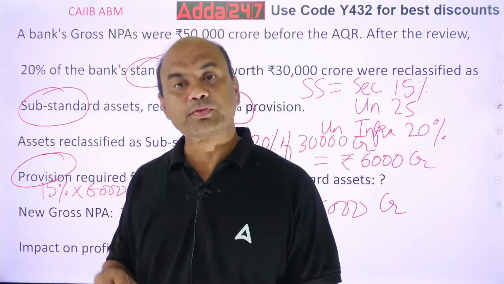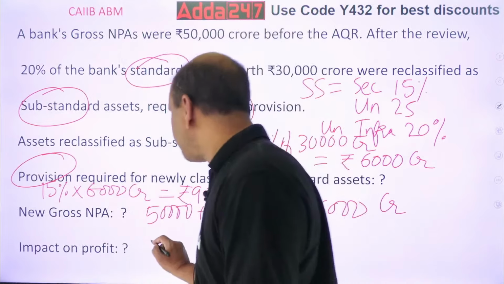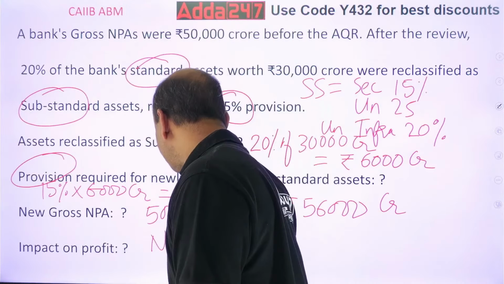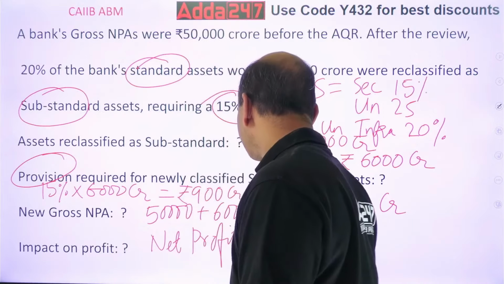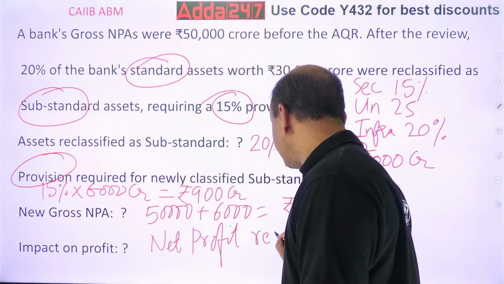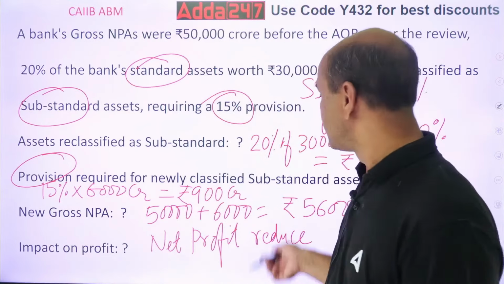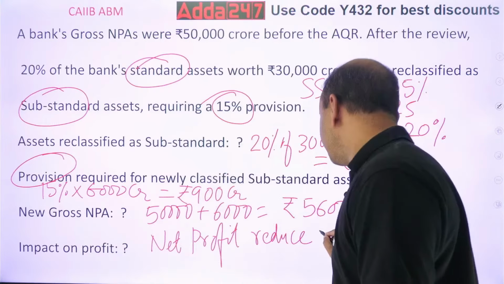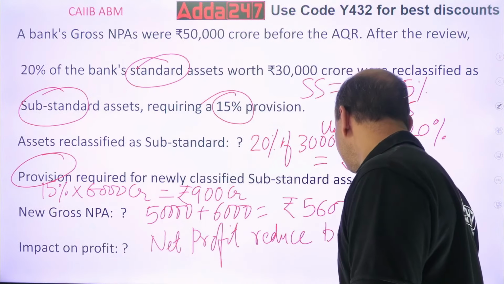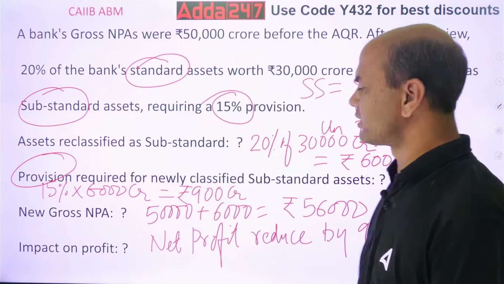The money comes from P&L, your net profit. So net profit will get hit. Net profit will reduce. By how much? By 900 crores. You don't forget this crores.